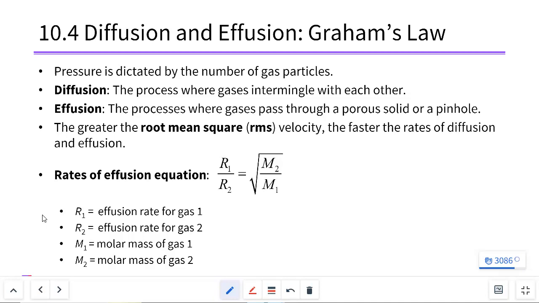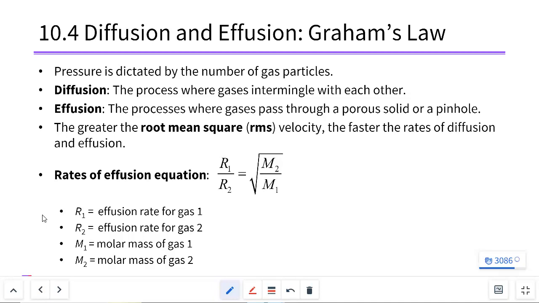But now we have a much more quantitative way of relating them to each other. Not only are they faster or slower, they're faster or slower dependent upon the square root of the ratio of the masses themselves.